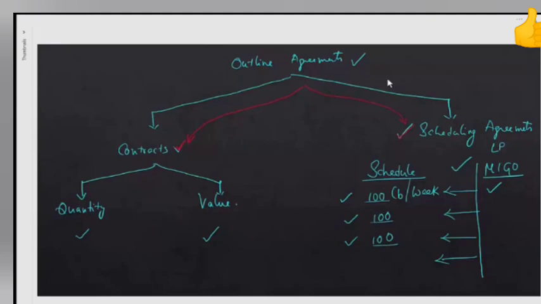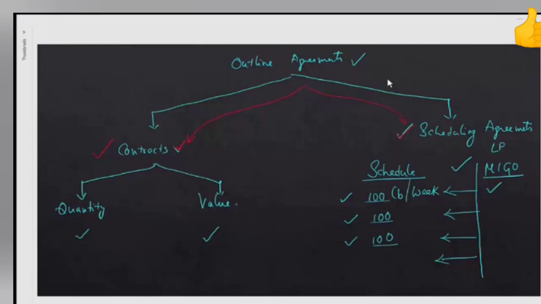A scheduling agreement also specifies the dates for deliveries so that you don't have to explicitly create release orders on particular dates. So contracts give you flexibility, meaning you can create the purchase orders when you require, as long as you're able to procure the total that you promised the vendor within that particular time.